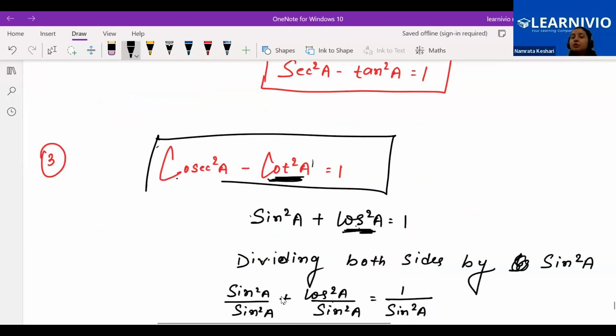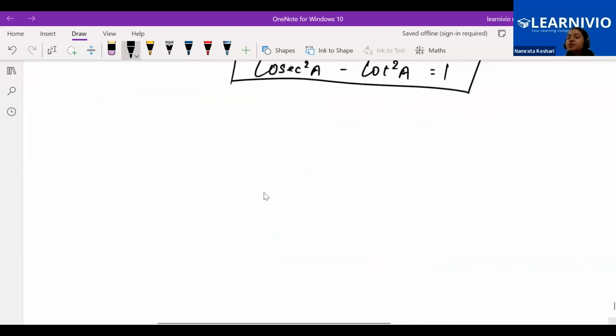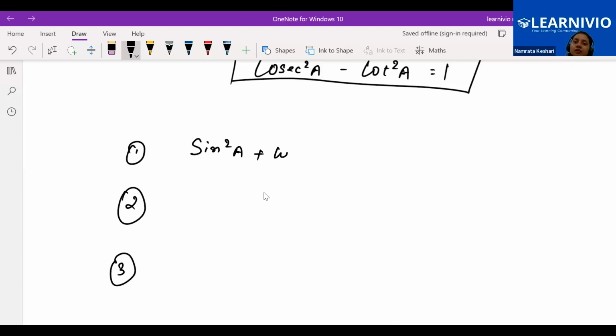Now can you tell me quickly what is the first identity, what is the second, and what is the third identity? The first identity is sin squared plus cos squared equals 1.